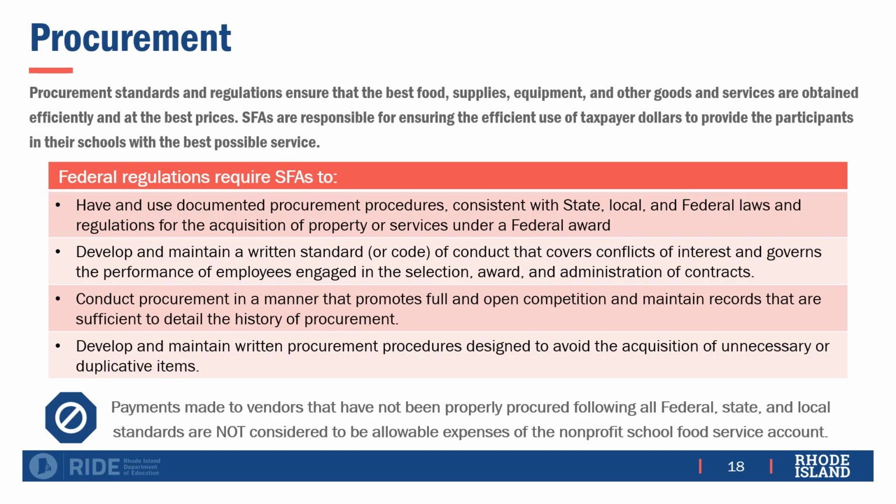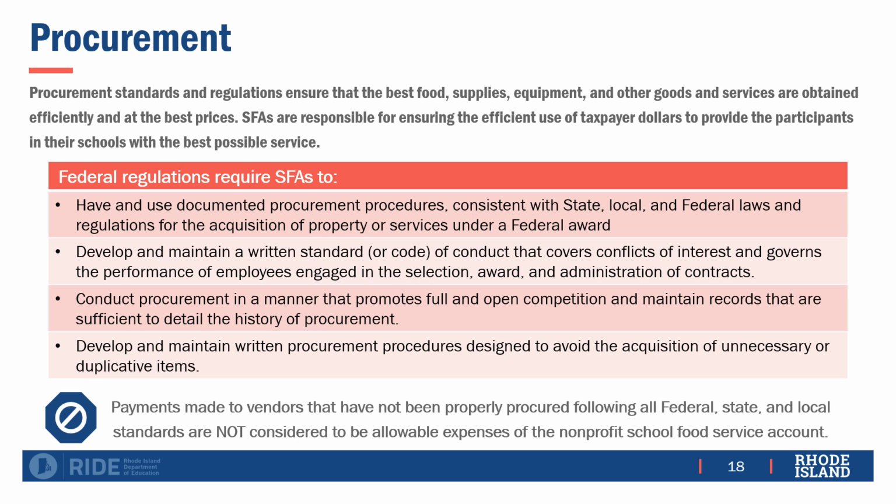As previously discussed, for an expense to be allowable under the nonprofit school food service program, the good or service must have been properly procured in accordance with local, state, and federal laws, regulations, and policies. It is the responsibility of each SFA to ensure that they are safeguarding taxpayer dollars by purchasing goods and services at the best prices.